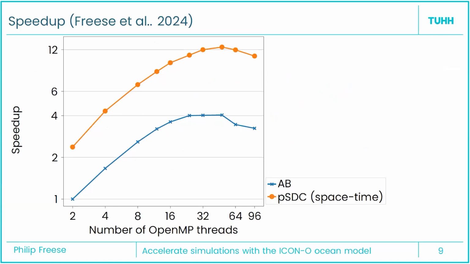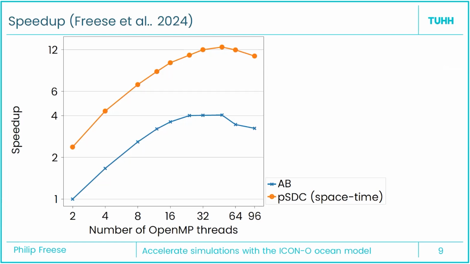So if you take this Adams-Bashforth scheme with 2 threads as your baseline, basically you see, okay, you can get a speed up of 4 compared to that one if you invest more and more threads. And then you see this parallel SDC, which is actually now nested OpenMP. So we have OpenMP in the time loop and OpenMP in the intrinsic ICON space parallelism.